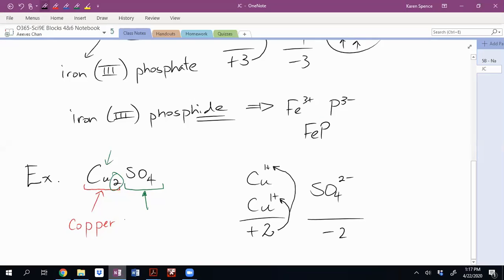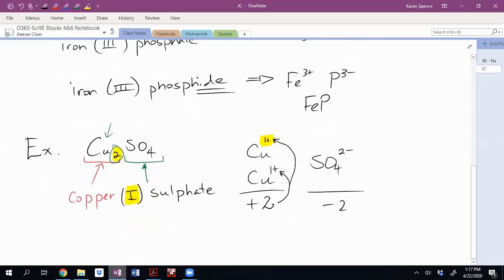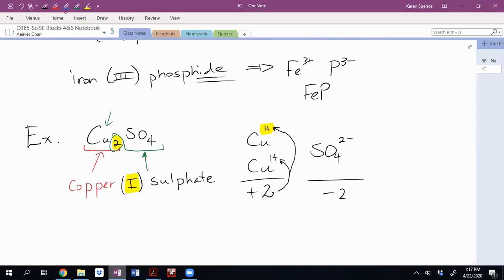So this then will be copper 1 sulfate. That 1 tells us the charge. It's not the number 2. Okay, it's not copper 2. The Roman numeral does not tell us the number of coppers. It tells us the charge of a single copper.